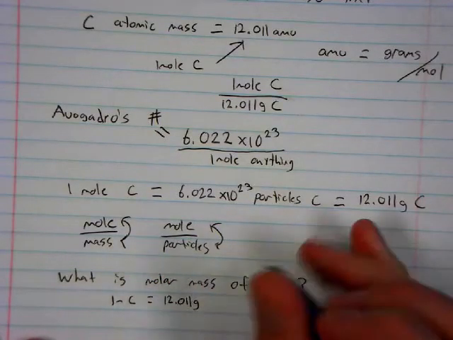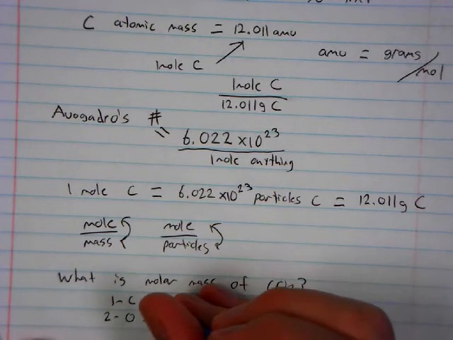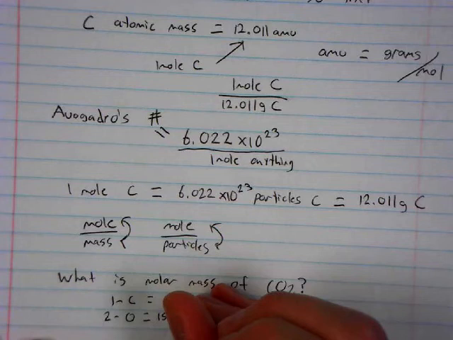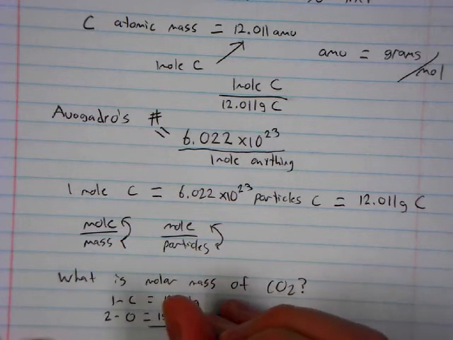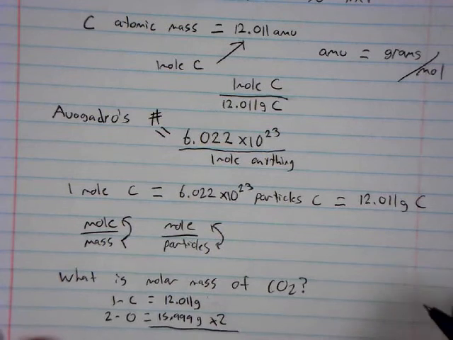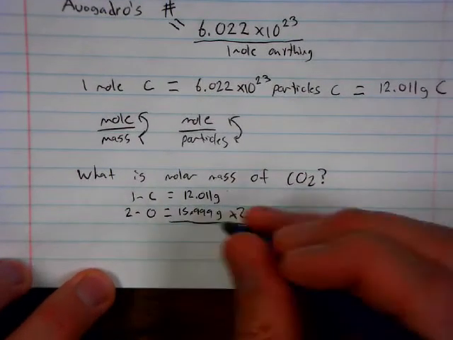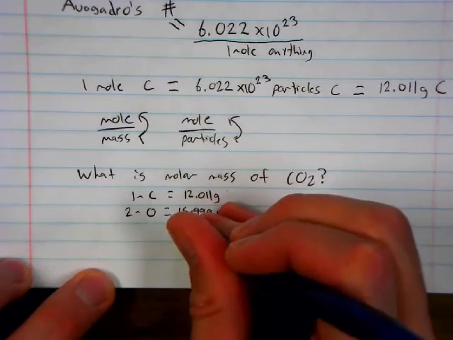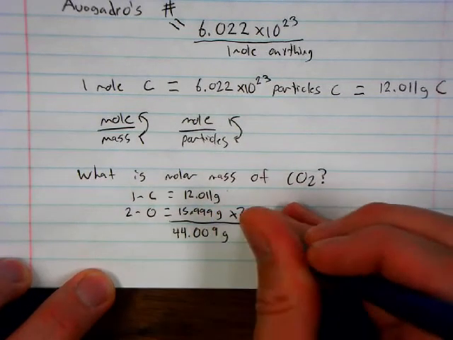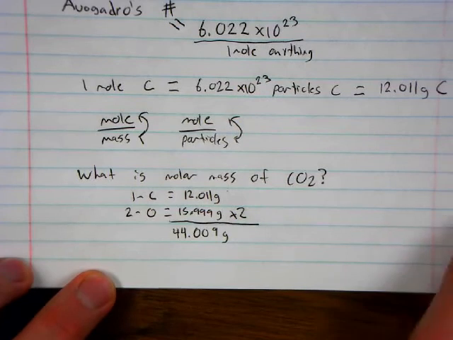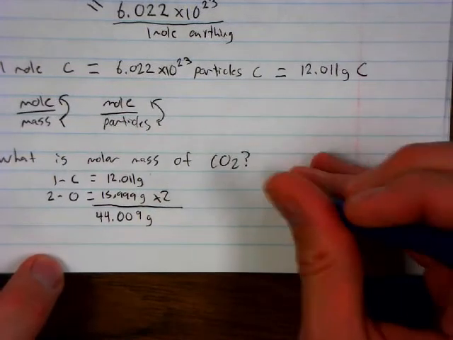So 1 carbon is equal to 12.011 grams. I have 2 oxygens, which is equal to 15.999 grams times 2. And you have to add that up. This is actually one of the molar masses you're going to have memorized really soon. But the molar mass ends up being 44.009 grams for CO2.